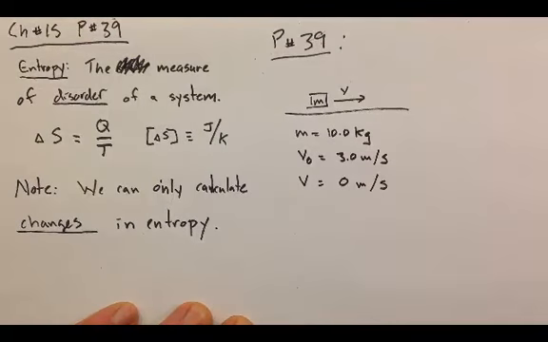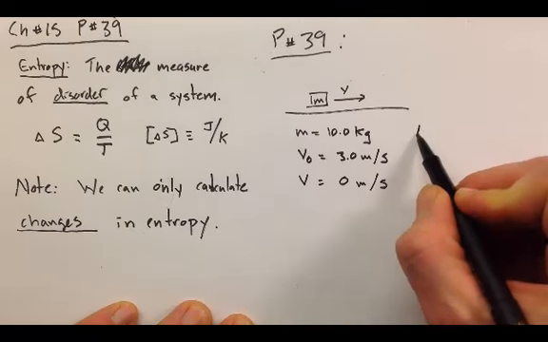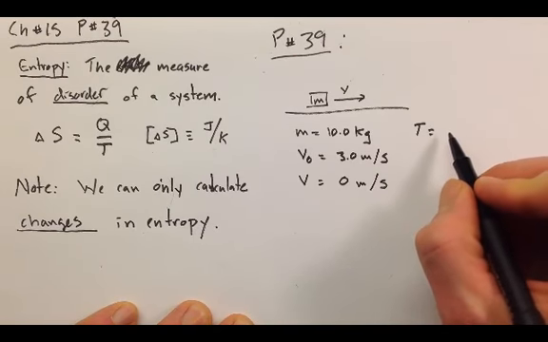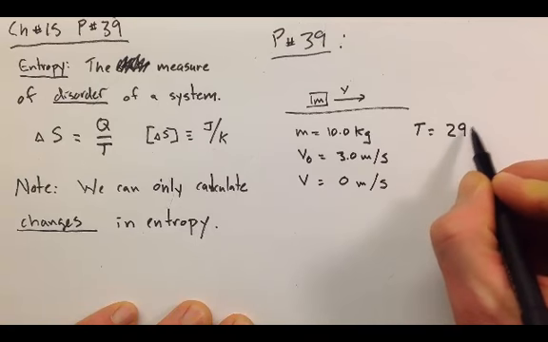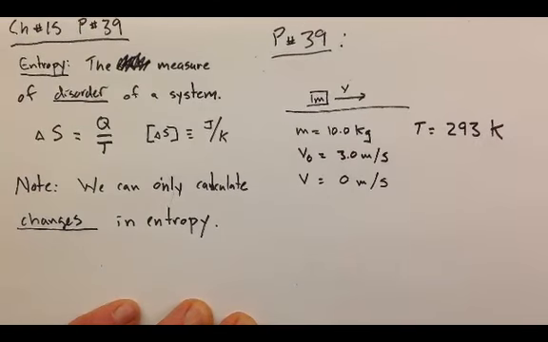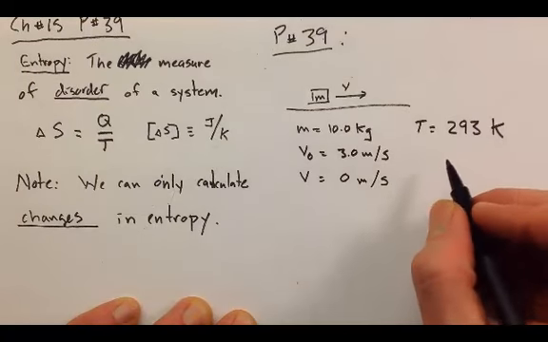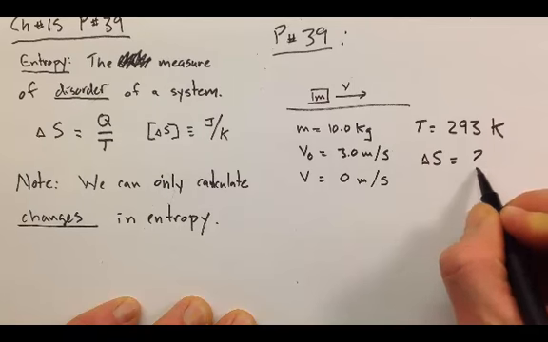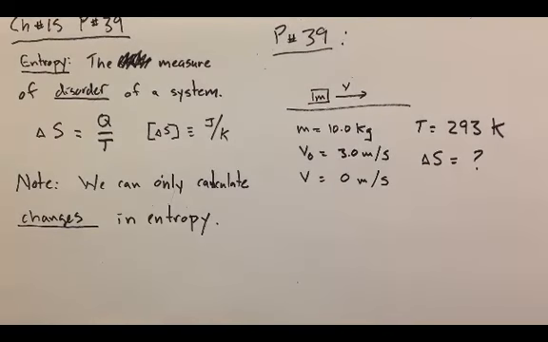This happens in a room just like maybe our physics room, at room temperature, or 20 Celsius. The book says this process happens at 293 Kelvin. And it wants to know what is the change in entropy of this system.